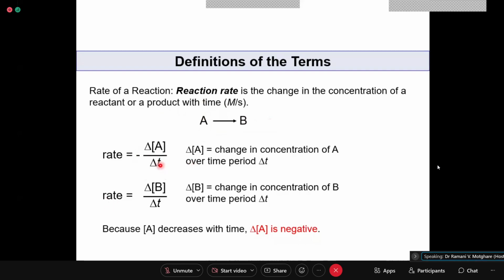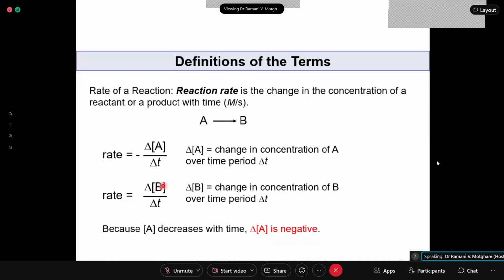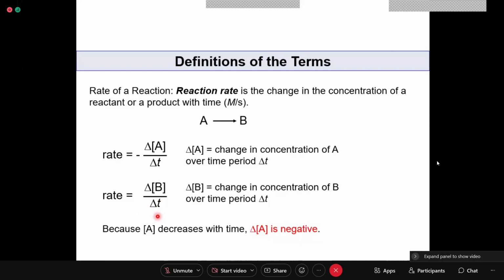Similarly, because product is forming, it will be positive. So the rate is equal to delta B concentration by small change in time, delta t. Because A concentration decreases with time, delta A is negative.